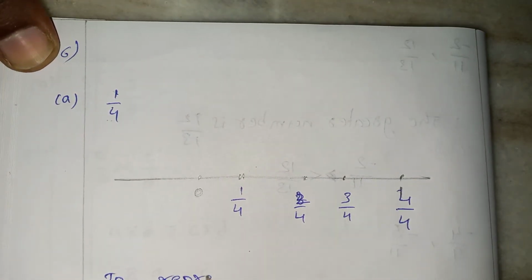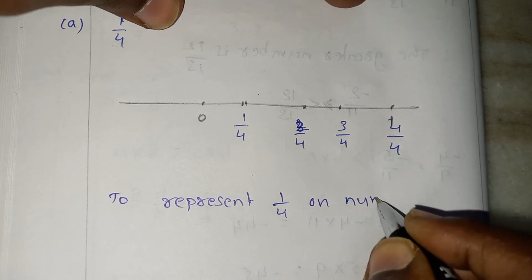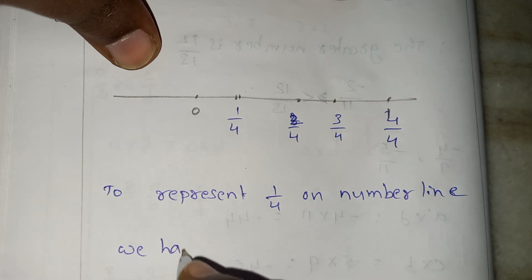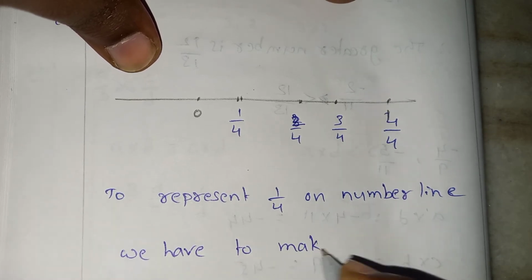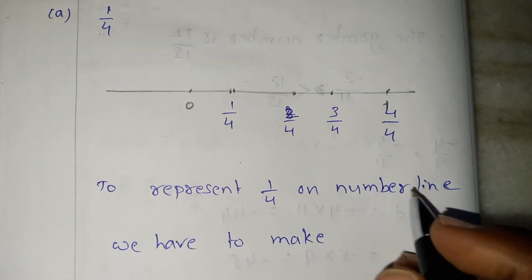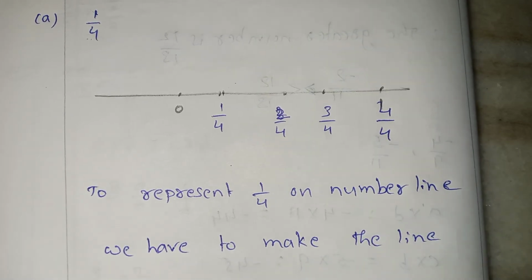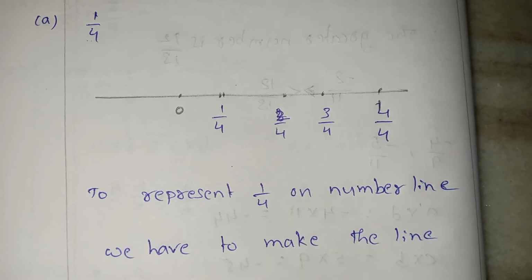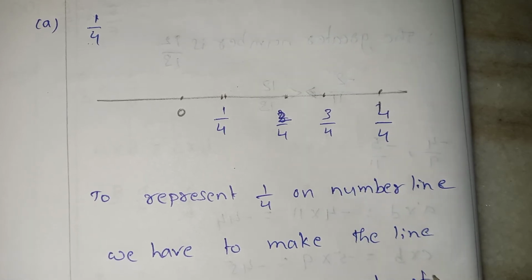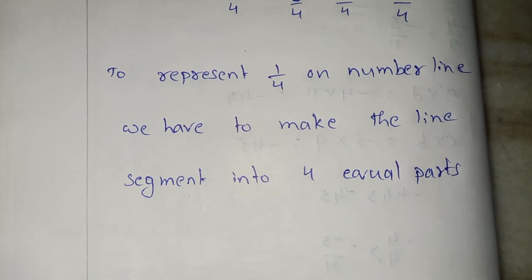To represent 1 by 4 on a number line, we have to divide the line segment into 4 equal parts.